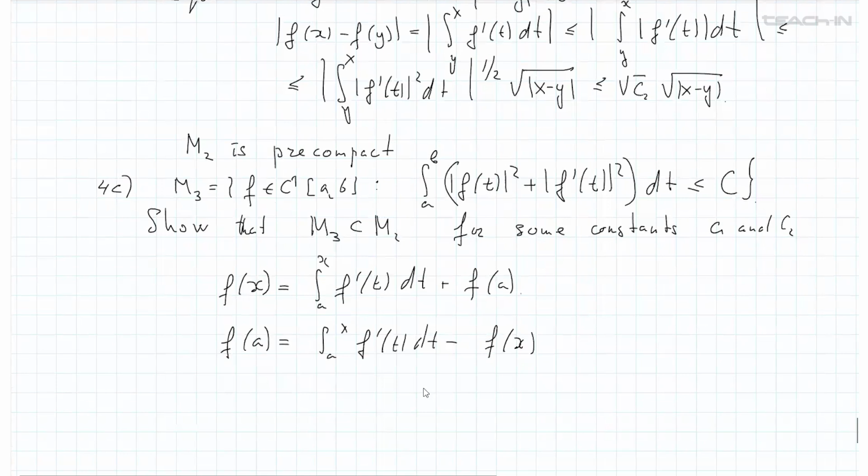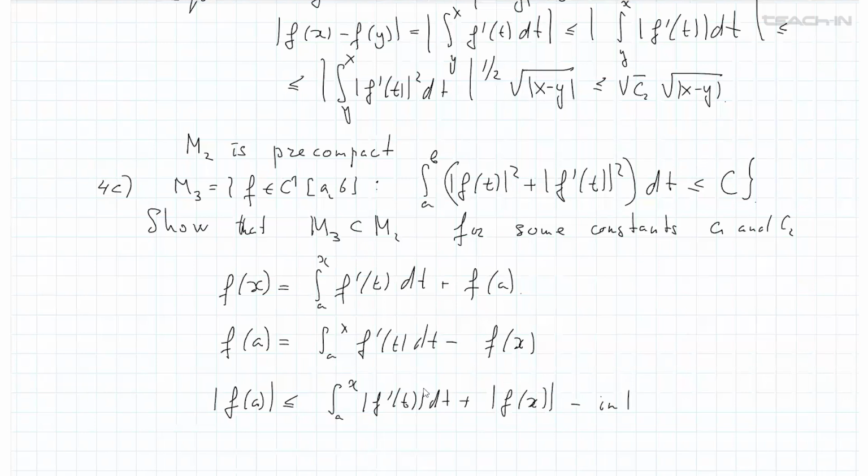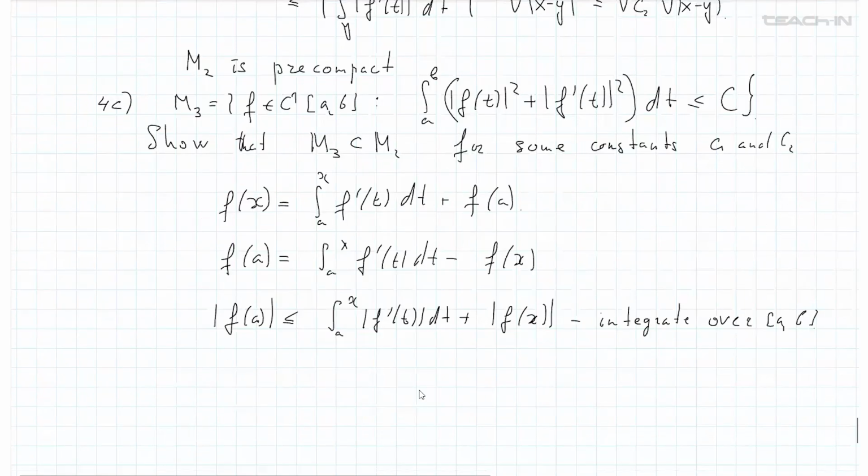So we show that the absolute value of f(a) is less or equal to the integral plus the absolute value of the function, integrated over [a, b]. Then we can continue our estimation: I enlarge this integral over the interval and integrate this.